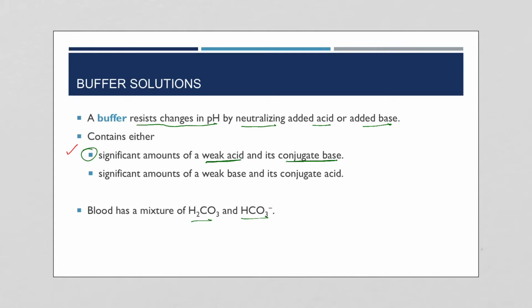And so we get a buffering system within the blood that allows the blood to compensate for changes in hydronium ion, right? So if you were to get impurities into the blood that were basic or acidic, right, they can compensate for those, allowing the blood to stay within a reasonable pH range when you have these kinds of impurities.